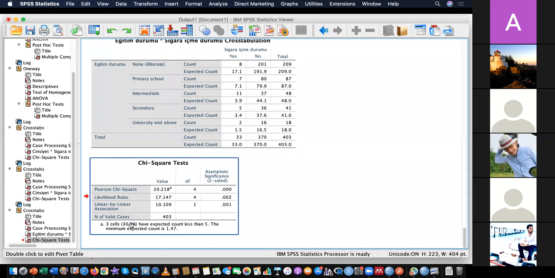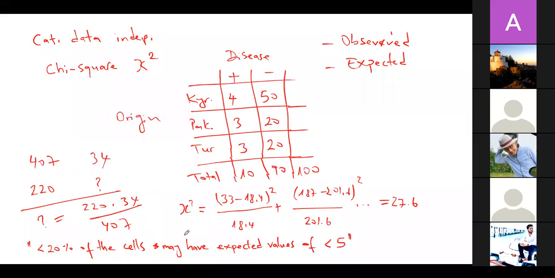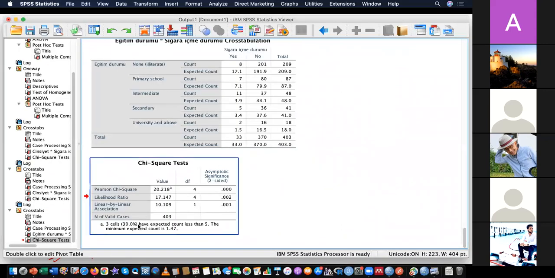But my rule was what? 20%. Maximum 20% of the cells may have expected values of less than 5. If I exceed 20%, then it is not safe to conduct the chi-square test.